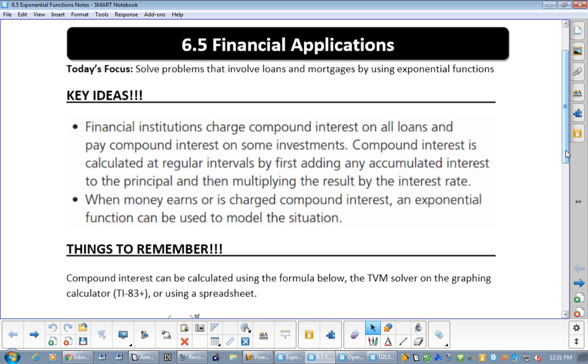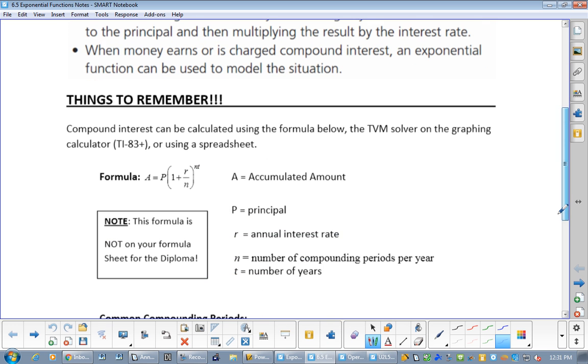And it's going to come from the main formula, A equals P times (1 plus i) to the n. Okay? Now, A stands for your amount.